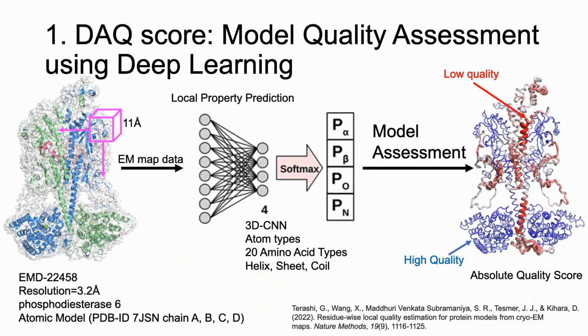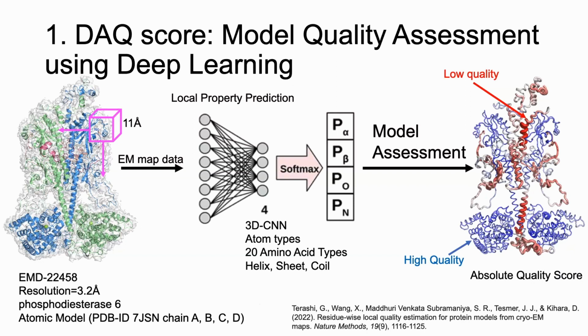So what is the DAQ score? The DAQ score is a quality assessment method using deep learning. Suppose you have an atomic model from the PDB or some other program, and you have a density map. Using a deep learning architecture, for each 11 by 11 by 11 voxel region, it can predict local structural features such as secondary structure, atom type, or amino acid type.